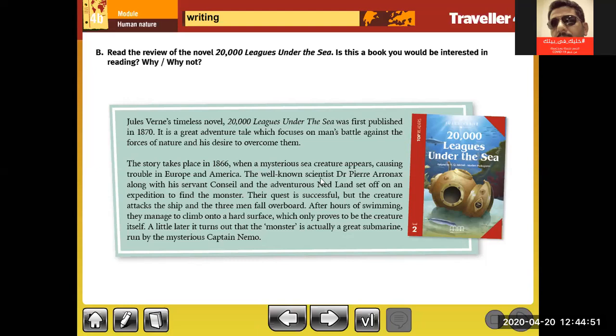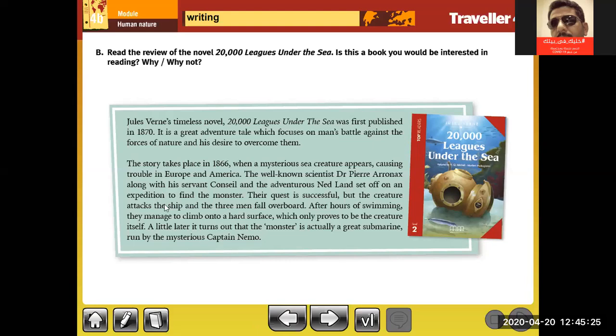In 1866, in the 19th century, the well-known scientist, the famous scientist, Dr. Pierre Aronnax, is a French scientist, along with his servant, Conseil. We say that in French, Conseil, don't say L, okay? And the adventurous Ned Land set off, started their journey, انطلقوا في رحلتهم, on an expedition.